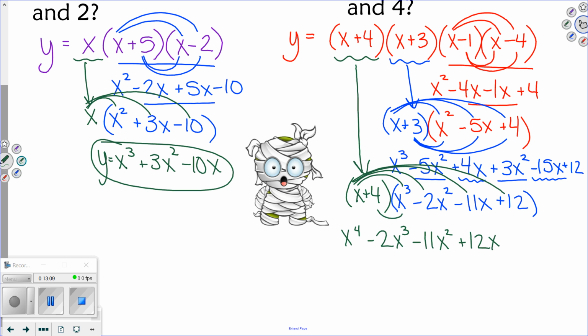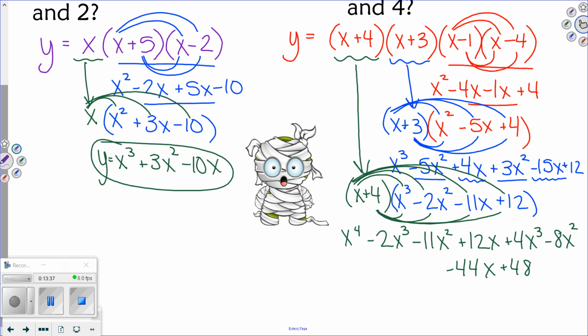Oh, now the 4. 4x cubed minus 8x squared minus 44x plus 48. I ran out of space. I had to come down to the next line.